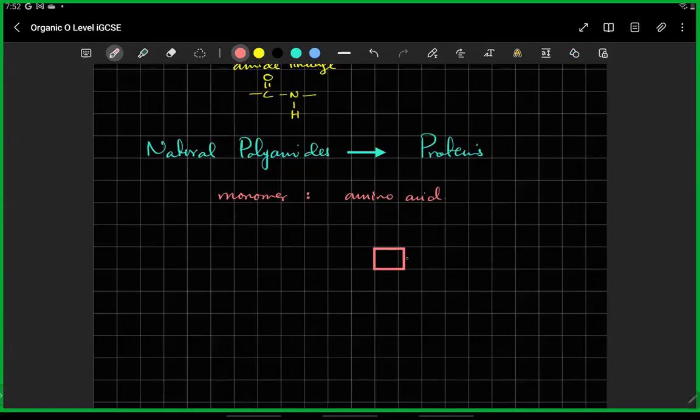It's going to have the carboxylic acid group, and it's also going to have the amine group. तो इसलिए वो amine और acid दोनों ही है, ठीक है. That's why वो पहले था वो diamine था और dicarboxylic acid अलग अलग थे. Now it's one thing. It's amino acid.